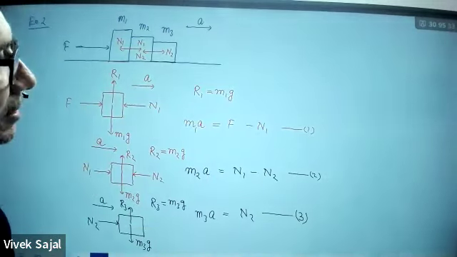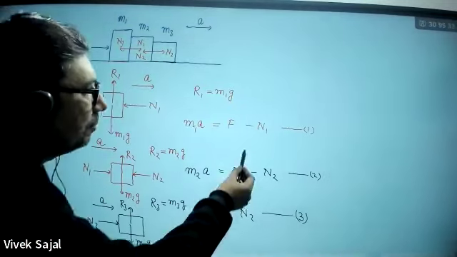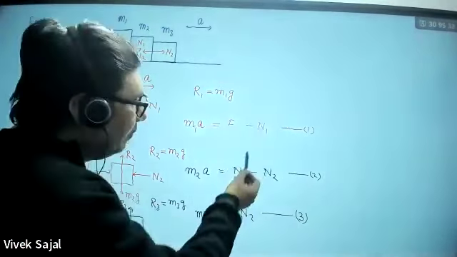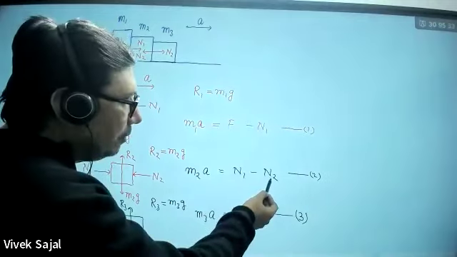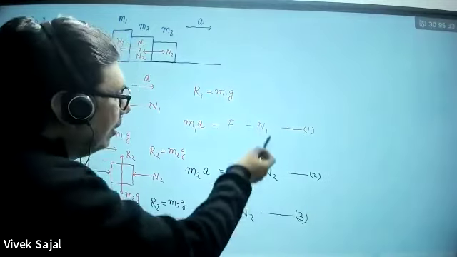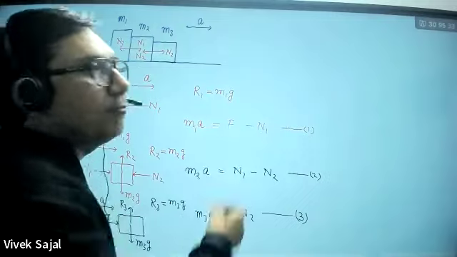Now, if you add all the three equations, what is going to happen? If you add, this N1 will cancel out by this N1, this N2 will cancel out by this N2, and on the right hand side, we will have F only.